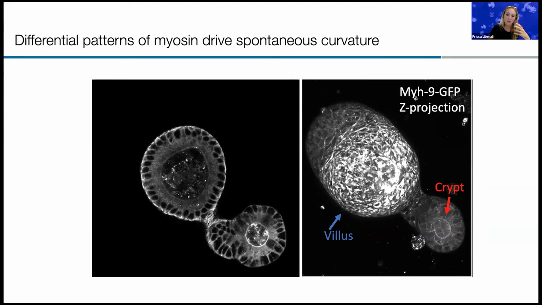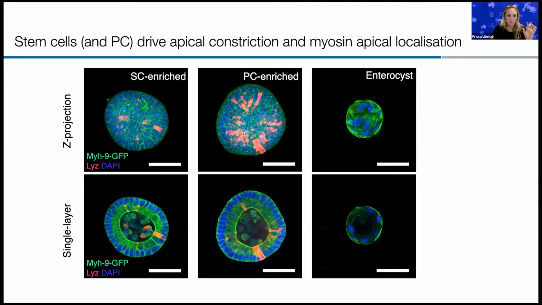This is also cell-type induced, because when we make organoids only from stem cells, the first column, only from Paneth cells, another component of the stem cell niche, you see that myosin here in green is much more accumulated on the apical side, on the inside of the lumen, while in enterocysts that are only enterocytes it is on the outside.